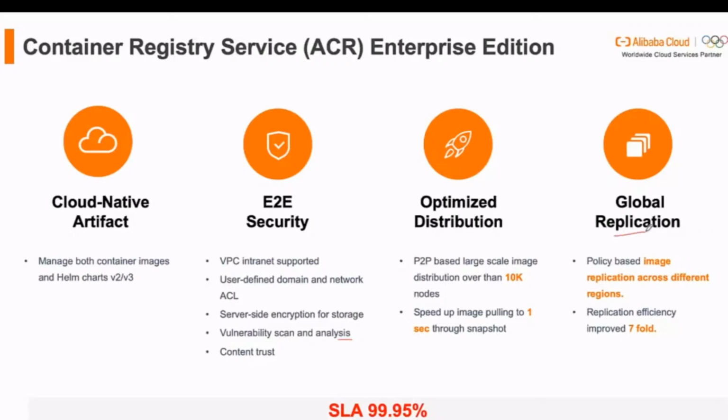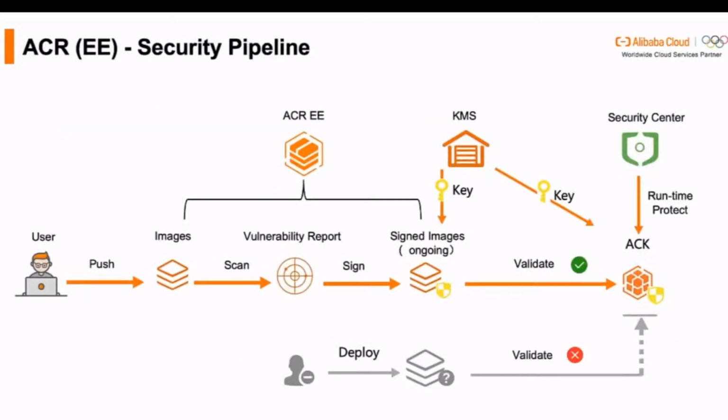The replication efficiency is improved 7 times. With ACR EE, you can do a lot of things. Firstly, let me introduce how we can build a secure software pipeline. With the cloud-native delivery chain, the container registry can automatically scan new container images after pushing.